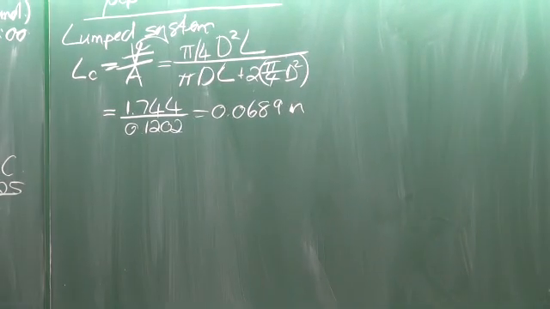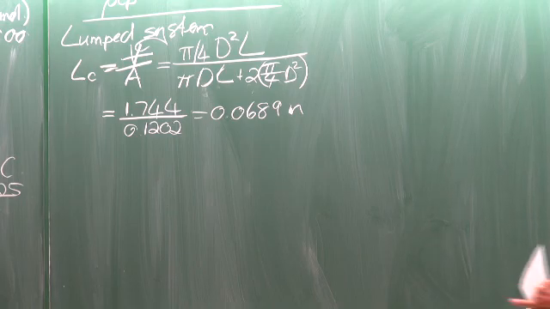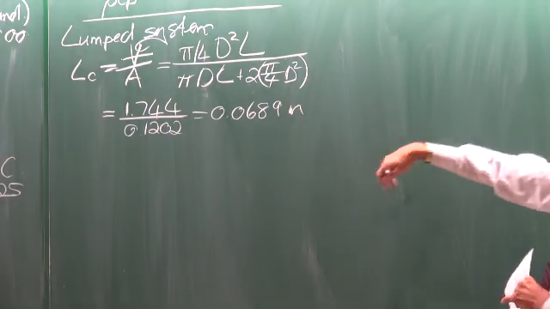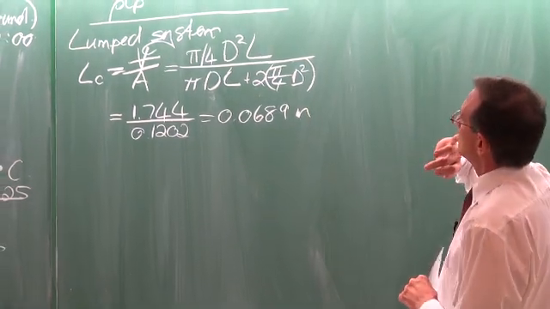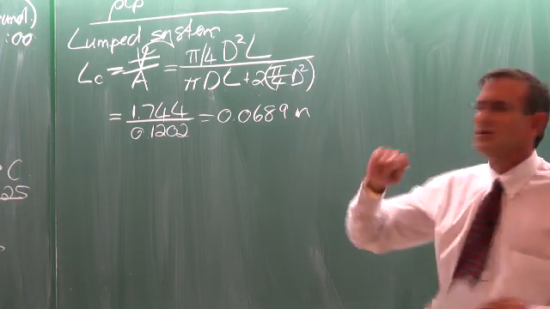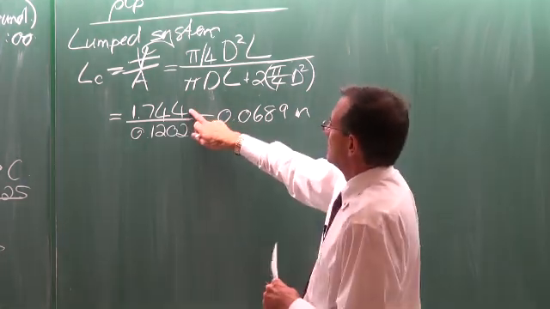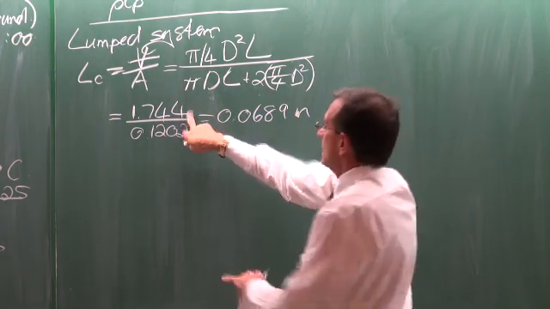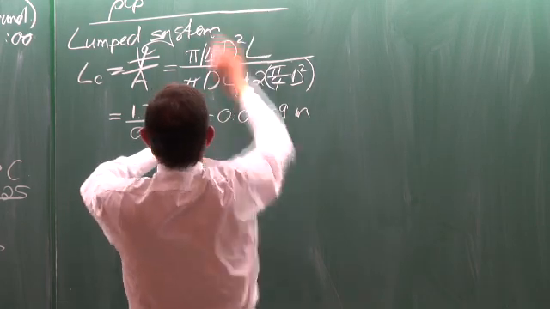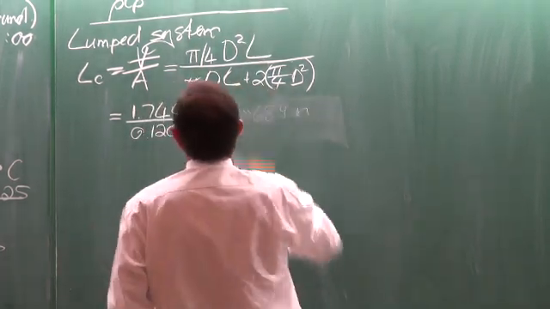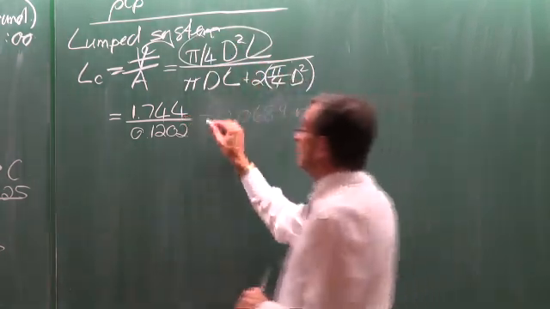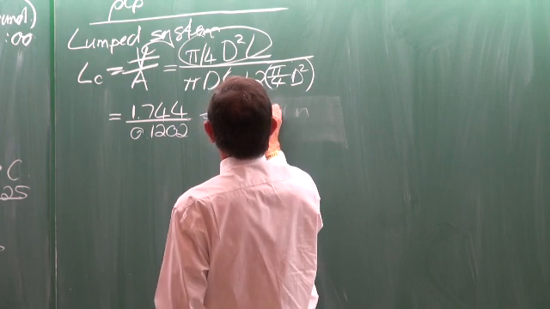Just the units of the volume will be 10 to the minus 3 meters cubed? Sorry, the units of the volume is cubic. The 1.744, the volume. Is that in 10 to the minus 3? No. So let me just write it there. Okay. That volume is 1.744, and it's cubic meters, the units.